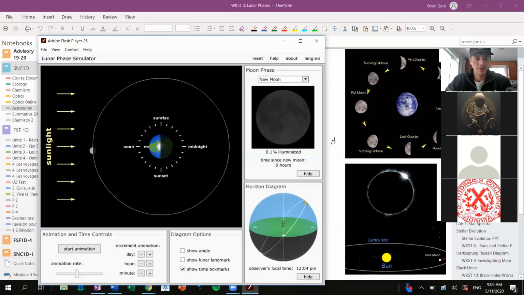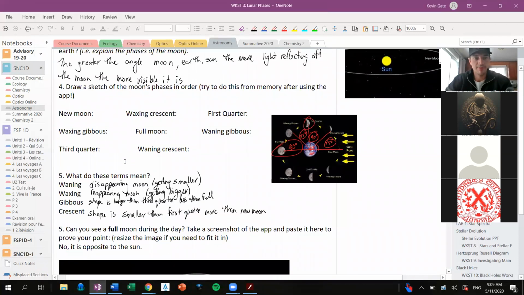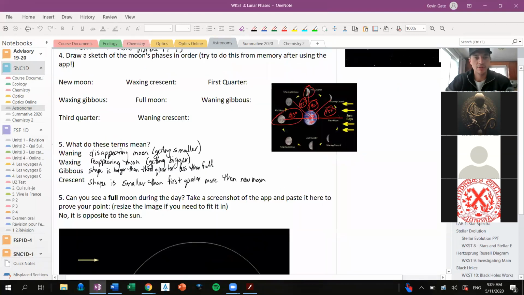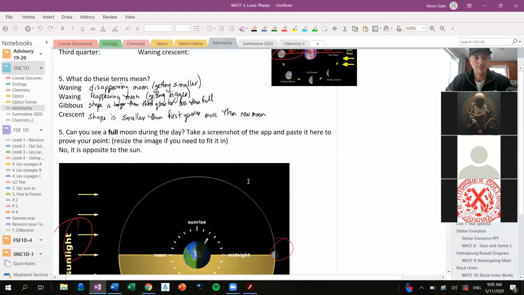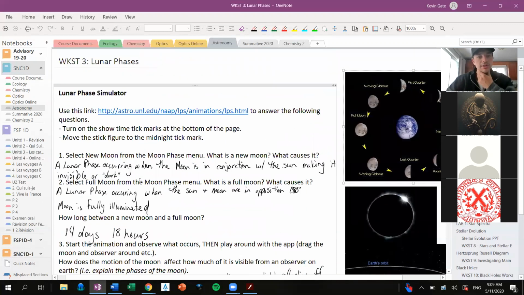Okay. So you have some questions to answer for this one, mostly just drawing the sketches of the phases and reasoning out some responses. So defining terms, can you see a full moon during the day? Why or why not? Remember, we talked about that one briefly in our simulation today. Is there any phase that you cannot see during the day? And if so, why? So again, using the simulator to answer these questions.